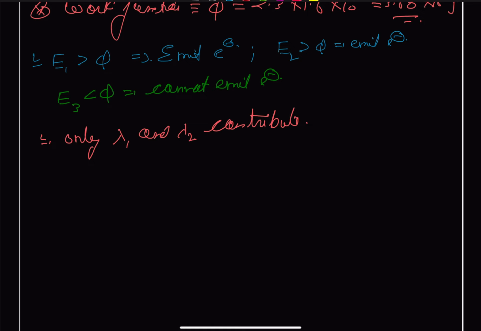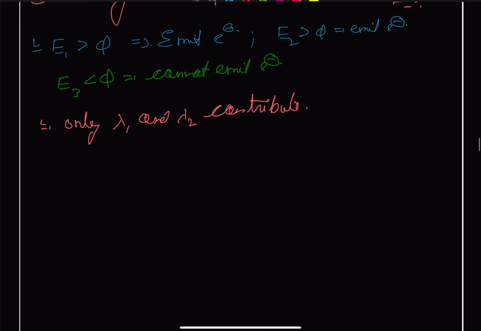And we already know the incident intensity per wavelength, that is I. So from there we can find our energy incident, which will be equal to I A multiplied by T, and per wavelength I is 1.2 into 10 to the power minus 3.